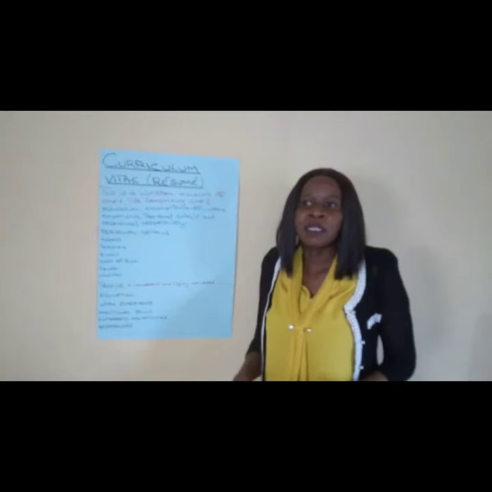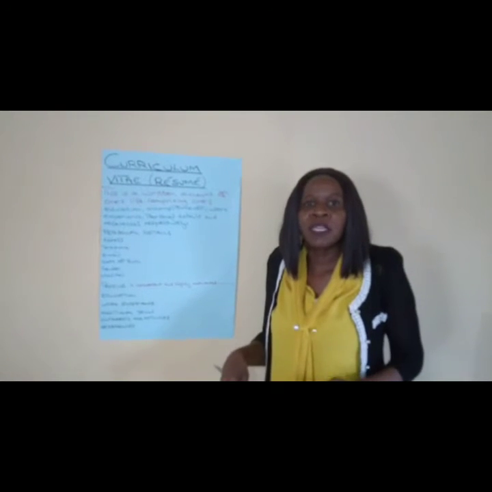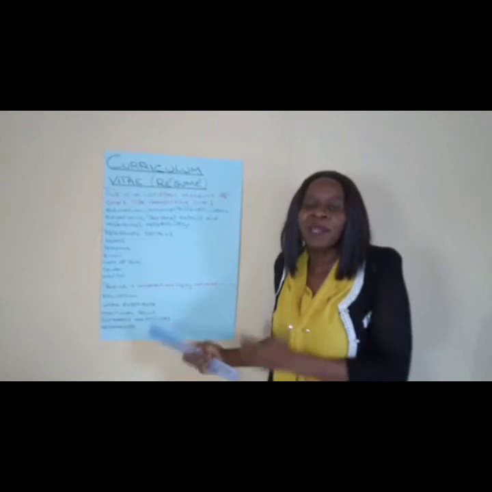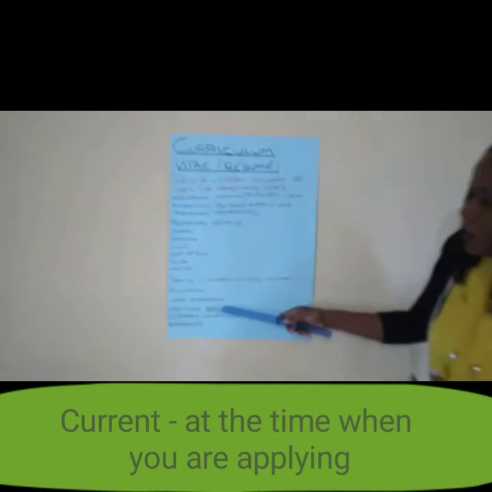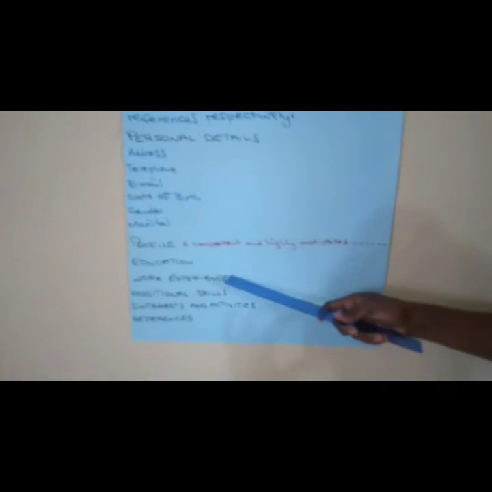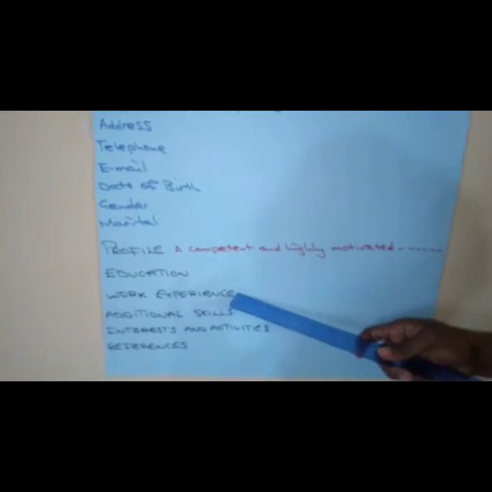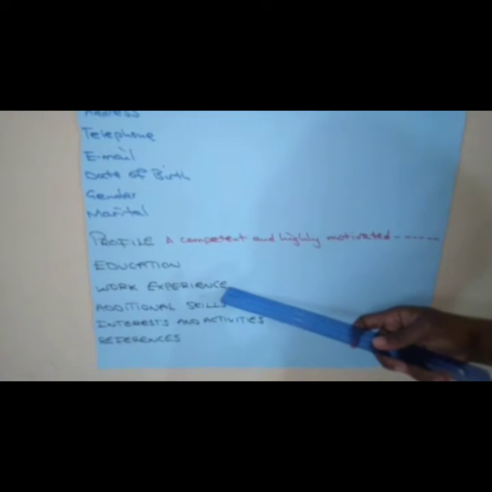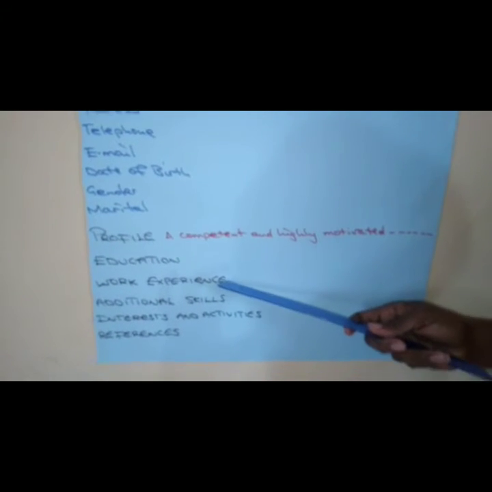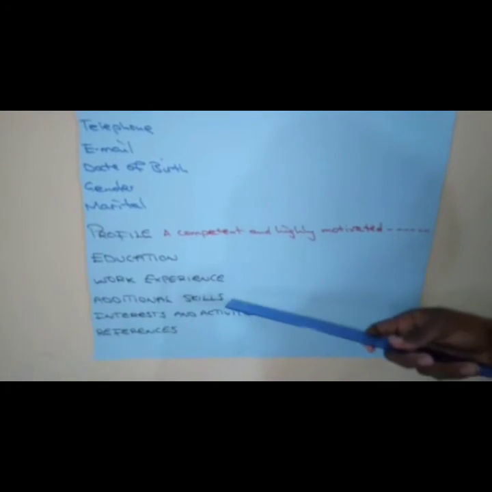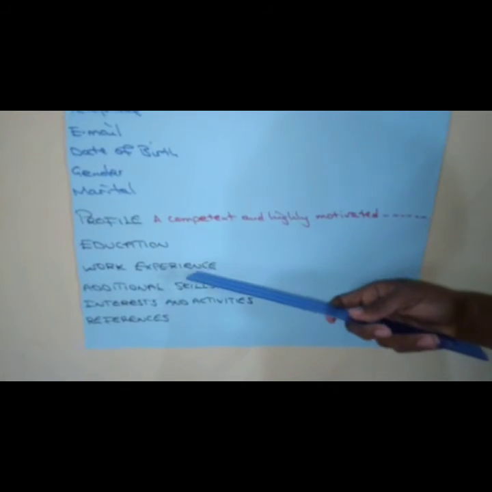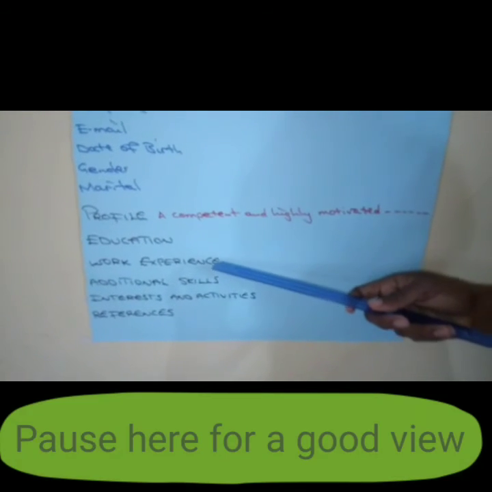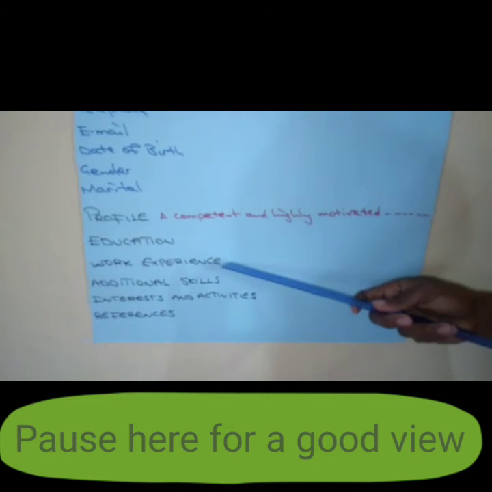And when I say current, I mean at the time that you are applying, at the time that you are doing your CV. Then we also look at work experience. You have to highlight what you have done, where you have worked, and for how long. At times others are still working at a particular place, but under work experience you must say indeed you have worked.